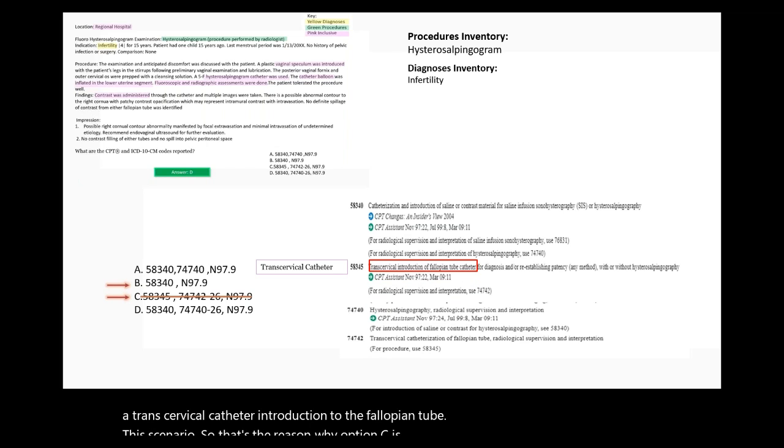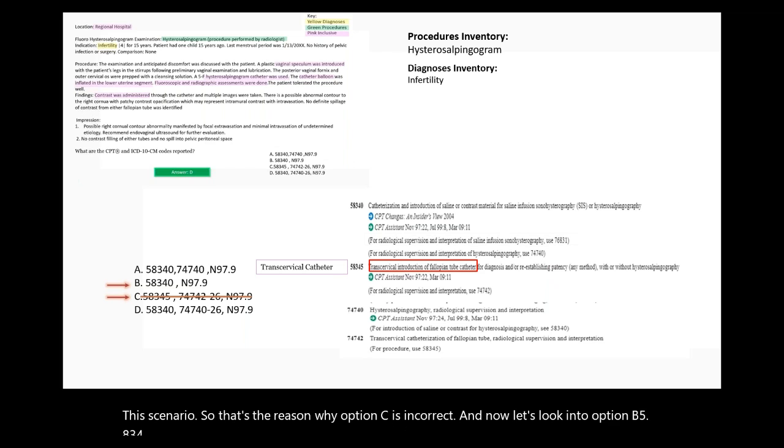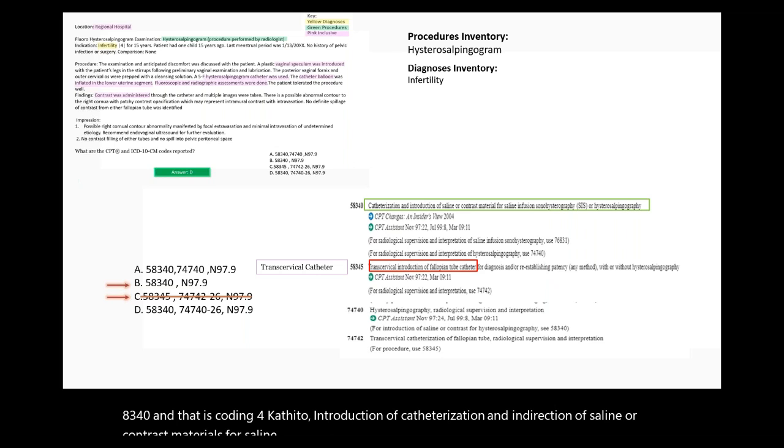Now let's look at option B, 58340, which is coding for catheterization and introduction of saline or contrast material for saline infusion sonography or hysterosalpingography.